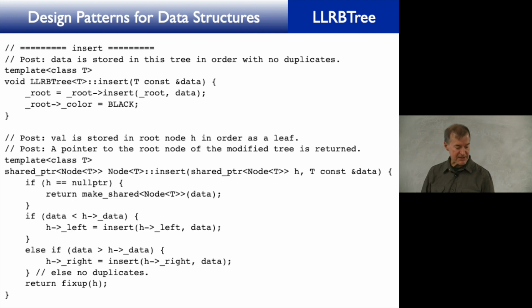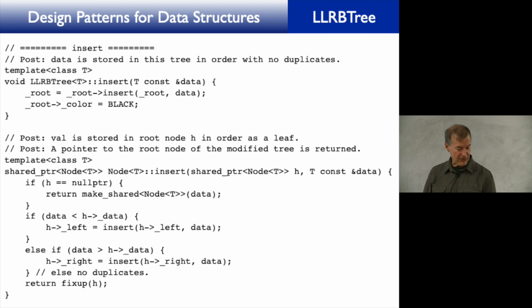Now if data is less than h arrow underscore data, so here we are in a node and we compare it with the h arrow underscore data, and if data is less than that, then h arrow left gets insert h arrow left comma data.